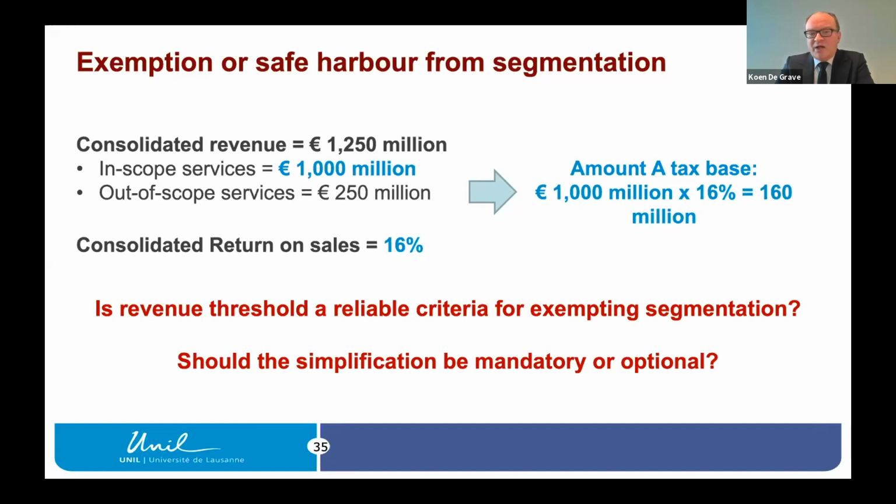So I think we agree that generally, if there are differences in profit margins between different segments, segmentation gives the most accurate outcome. So why would we deprive companies that fall under a particular threshold of that option?